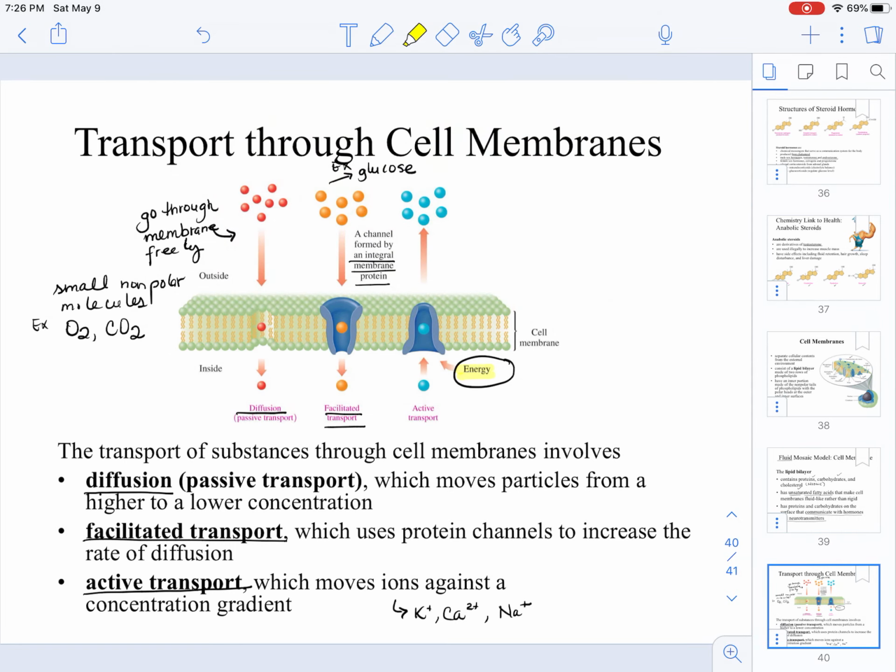So even though we're also using an integral membrane protein for allowing this to happen, okay, that's what active transport has in common with facilitated transport. The requirement for energy is what makes the difference between facilitated and active transport, because active transport requires energy in order to pass these ions through the membrane.